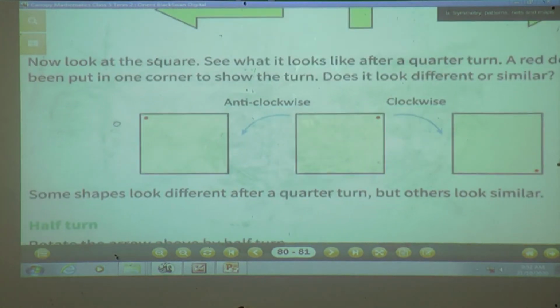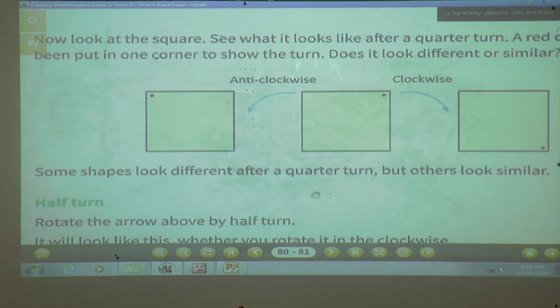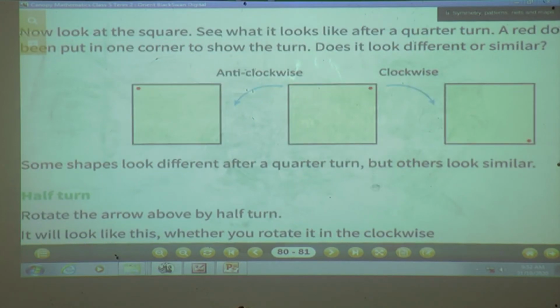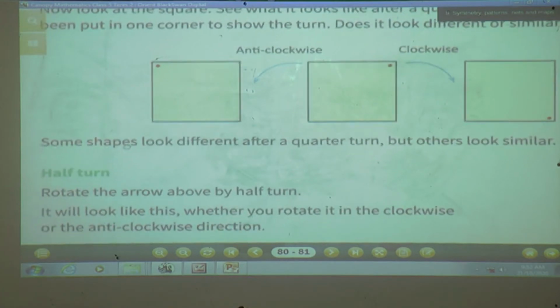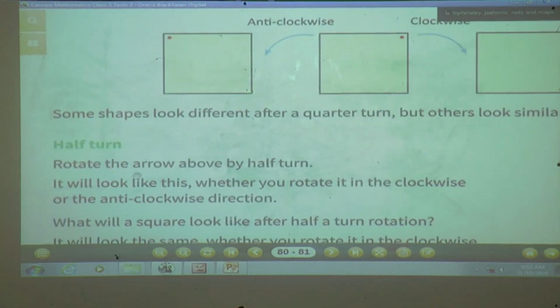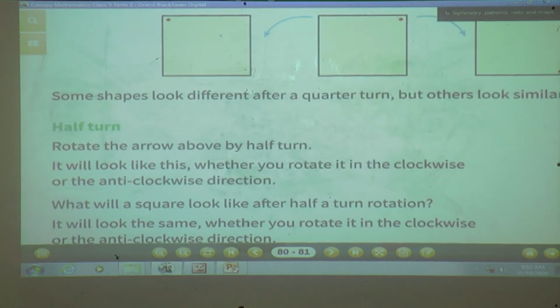Now some shapes look different after a quarter turn, but others look similar. Now for half turn, rotate the arrow above by half turn. It will look like this whether you rotate it in the clockwise or anti-clockwise direction.